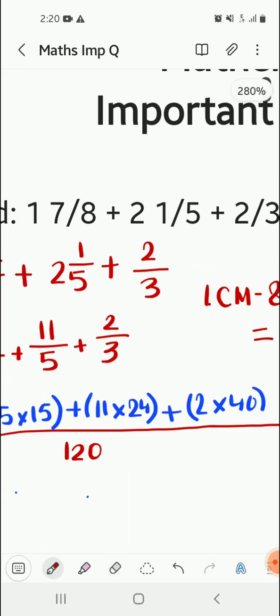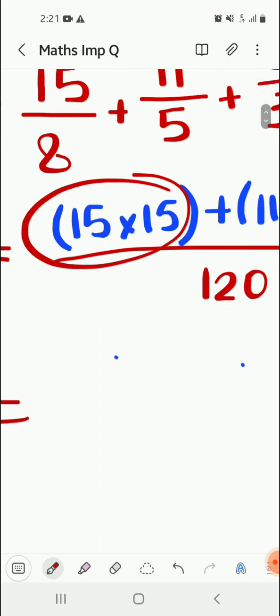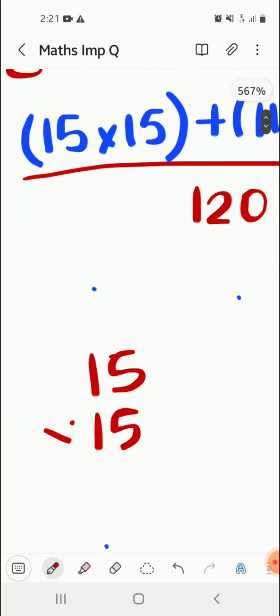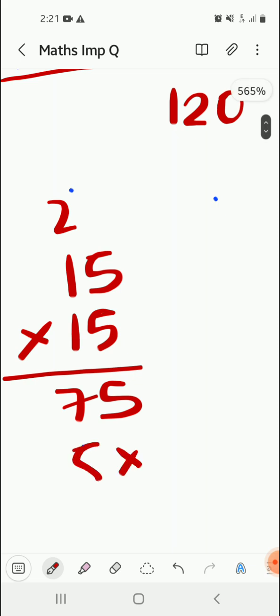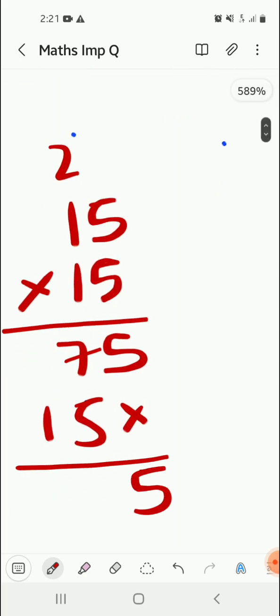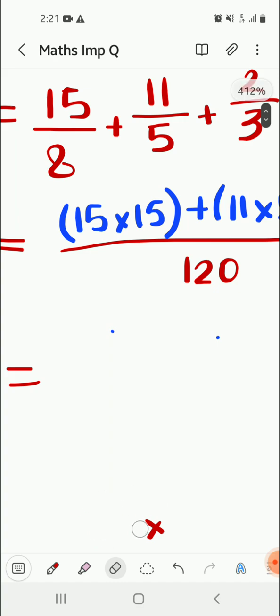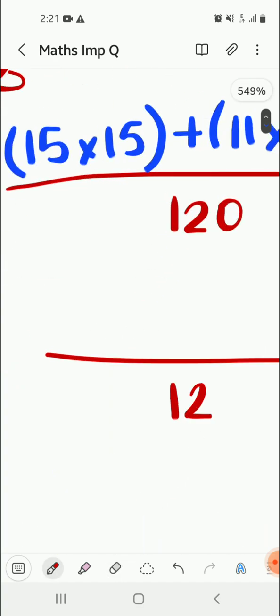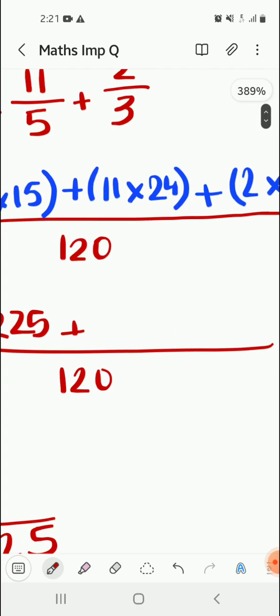Now we have to solve the next part of the sum. See, it's given 15 into 15 here. So 15 into 15 comes to 225. So we are going to write over here 225. We'll draw a longer line once again, 120, and this will become 225 plus 11 into 24.